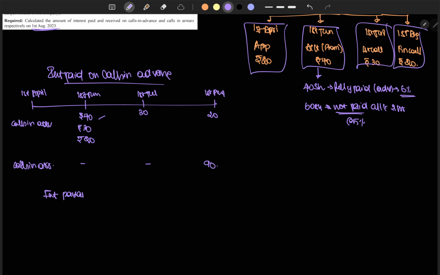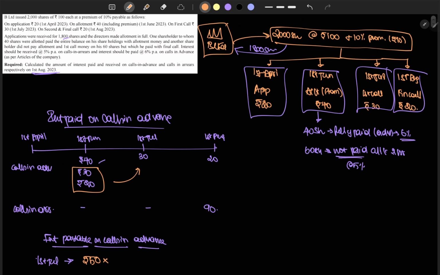Interest payable on calls in advance. On 1st June he has paid 40, but the 30 is to be received on July 1st. So on 1st July we have to pay interest on this rupees 50 for 40 shares on calls in advance.